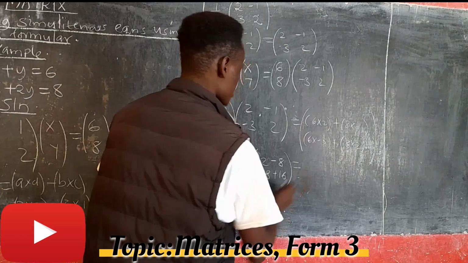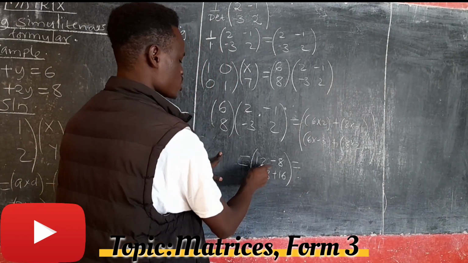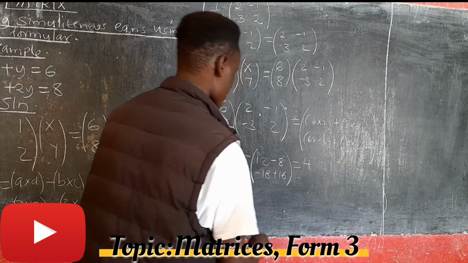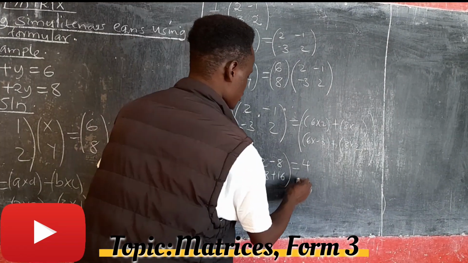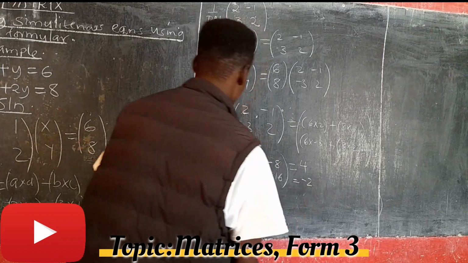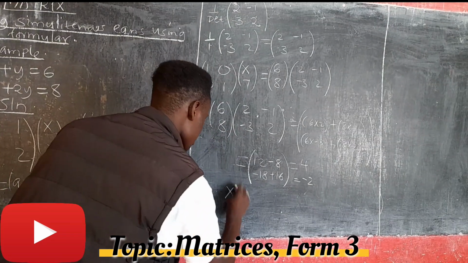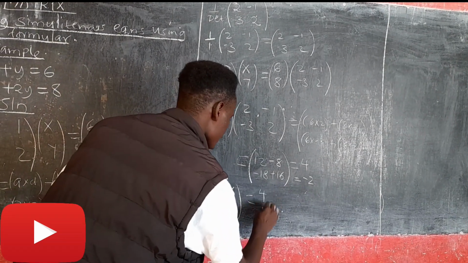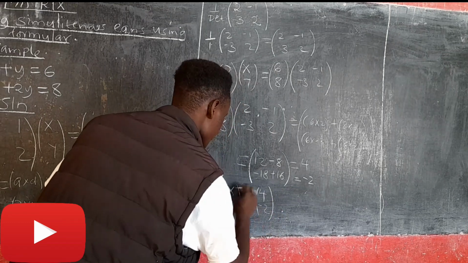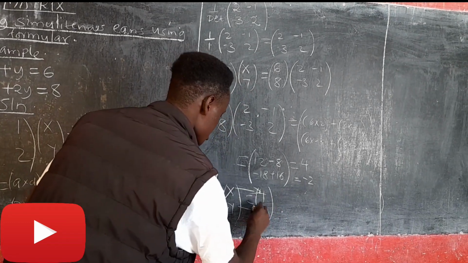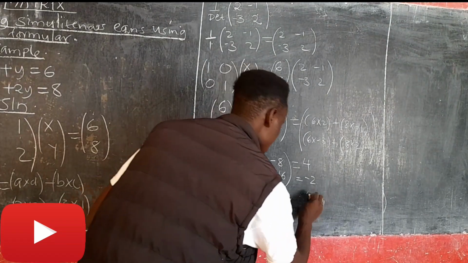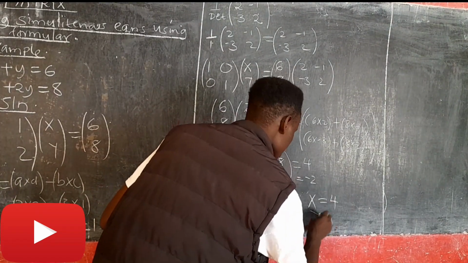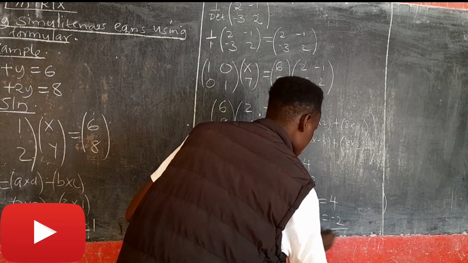So 12 minus 8, we are going to get 4, and also negative 18 plus 16, we are going to get negative 2. From there we can say x, y is equivalent to 4 and negative 2. Therefore, you can conclude x is equal to 4, then y is equal to negative 2.